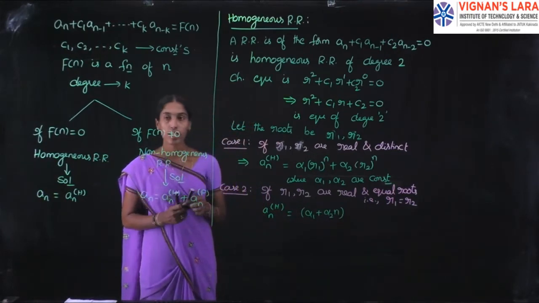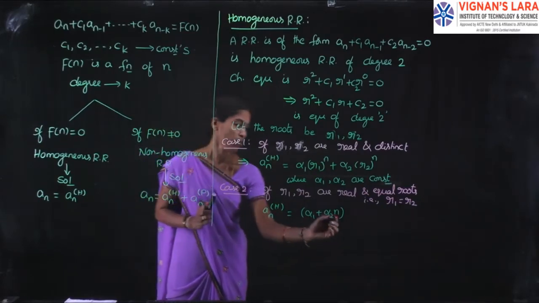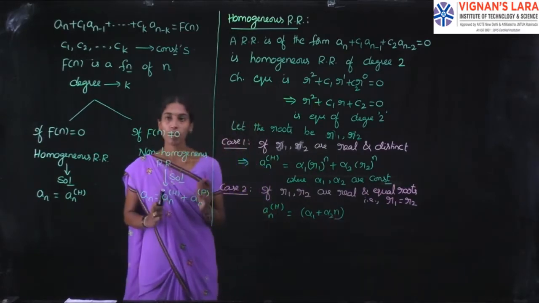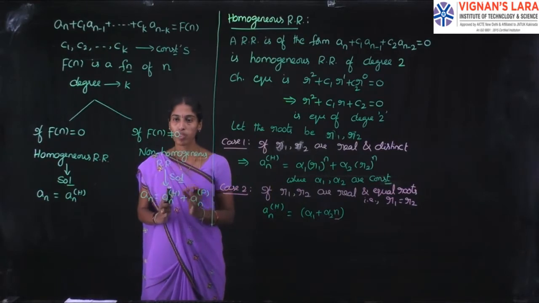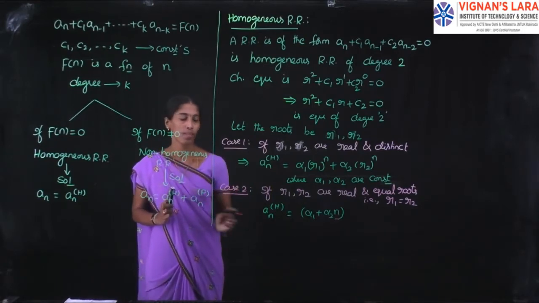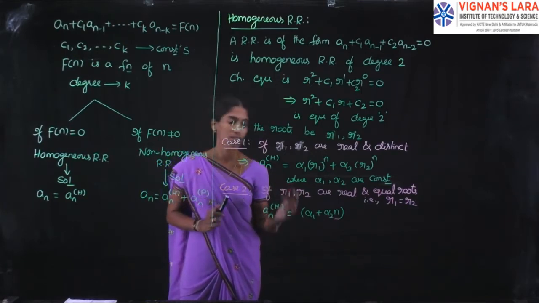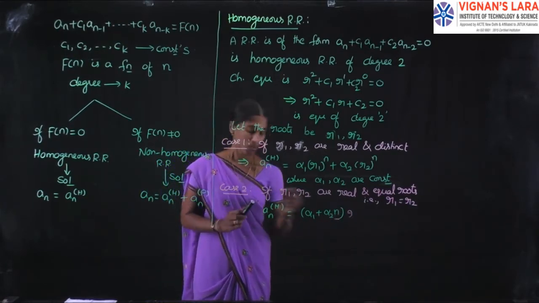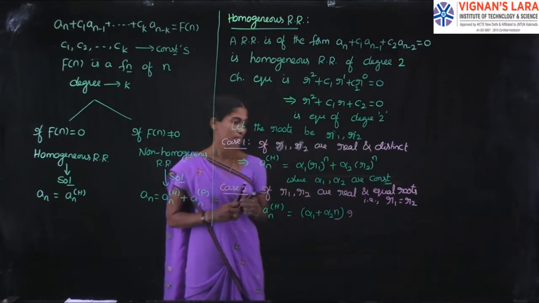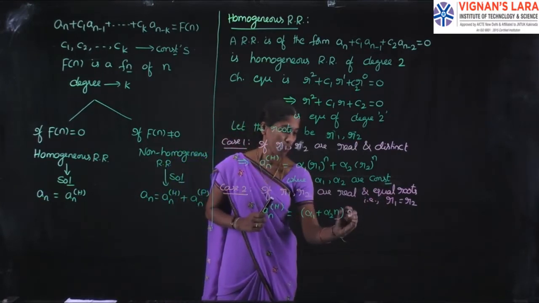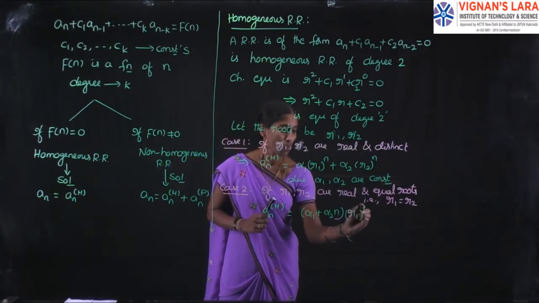Whenever the root is repeated twice, we have alpha 1 plus alpha 2 n. Suppose a root is repeated thrice, then alpha 1 plus alpha 2 n plus alpha 3 n square, right? Into, because both are same, r1 to the power n.